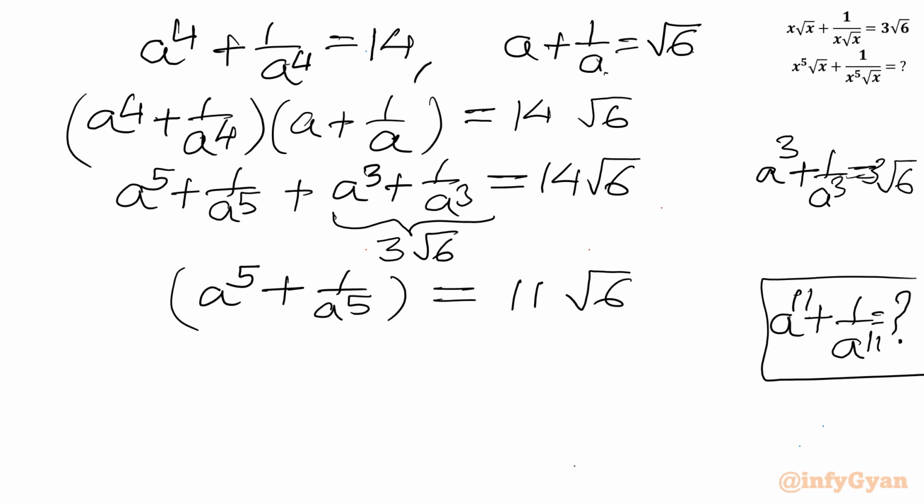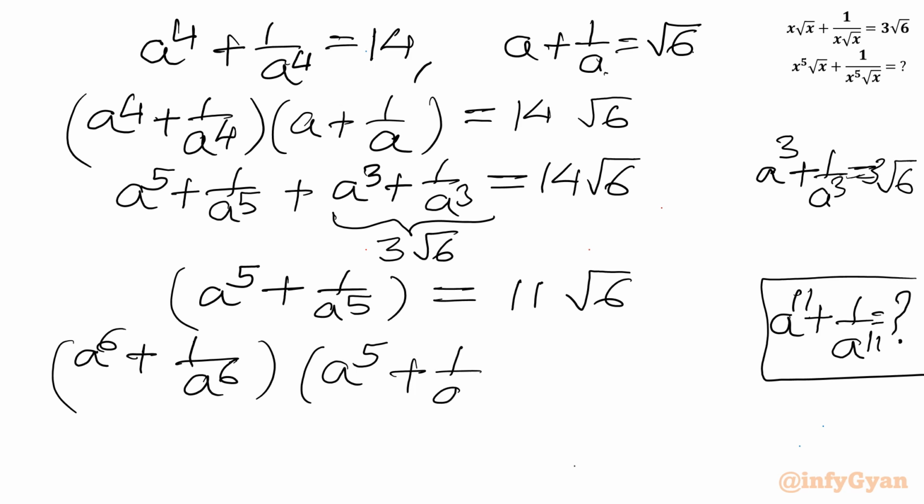How it would be? I will multiply now a power 6 plus 1 over a power 6 with a power 5 plus 1 over a power 5. So I can write here a power 6 plus 1 over a power 6. This was 52.